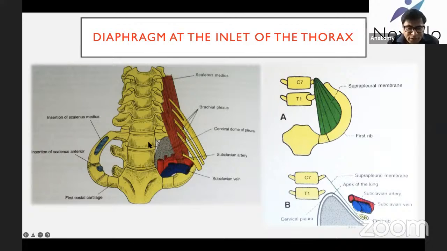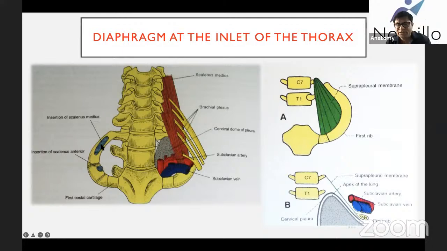Now, here you're seeing two muscles. This is the upper surface of the first rib, and you see the inner border of the first rib has a tubercle anteriorly, called the scalene tubercle, onto which there is insertion of the muscle scalenus anterior. And posteriorly on the upper border of the first rib, you find the insertion of scalenus medius.